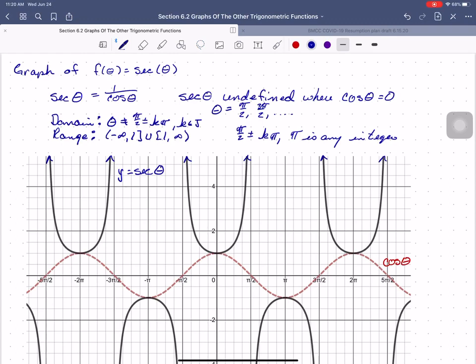If you think about what it means to reciprocate a value and the limits on cosine, that will make sense to you. And the period, so we can talk about the period of secant because it repeats. It repeats here and here and here. And you can see the period is 2 pi. We can also talk about a midline.